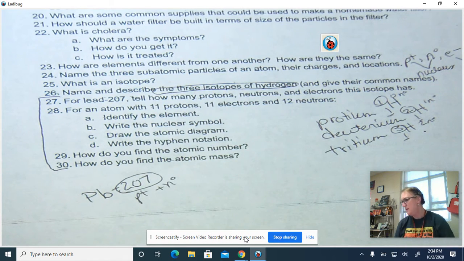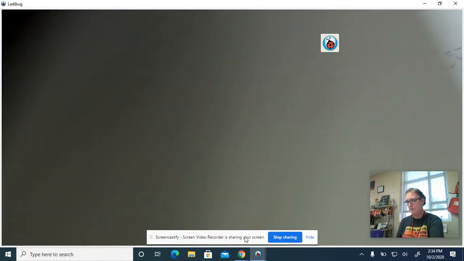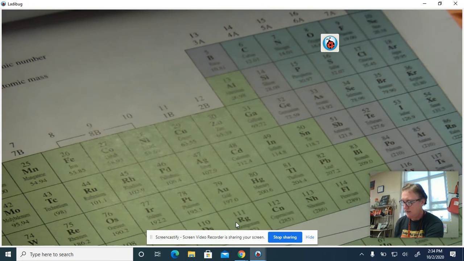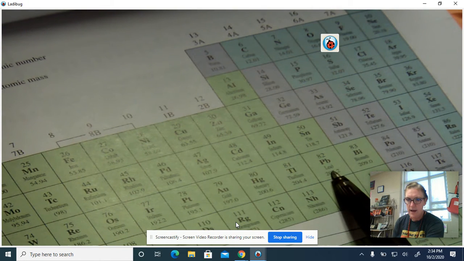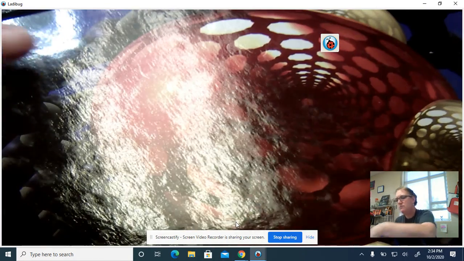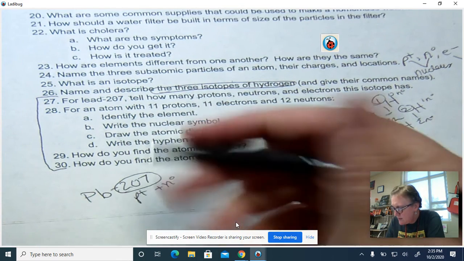Well, if you know that you're dealing with lead and you look on your periodic table, and we find lead right there, the proton number is just the whole number. So the proton number is 82. So it's going to have 82 protons.